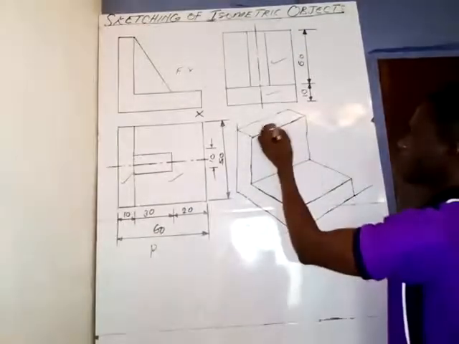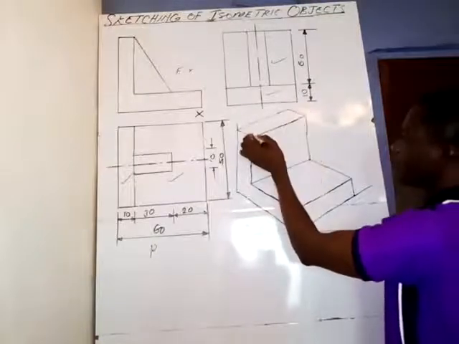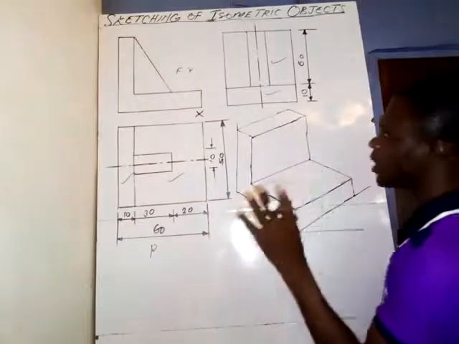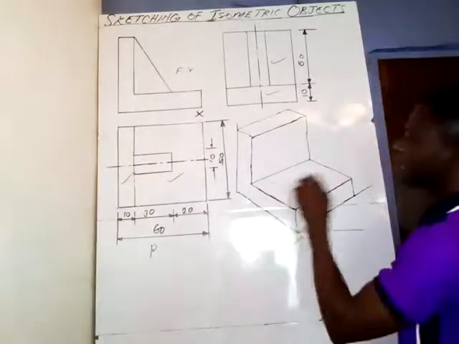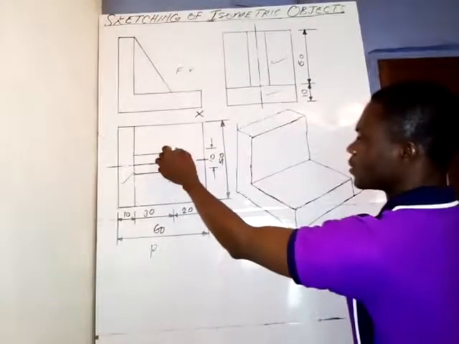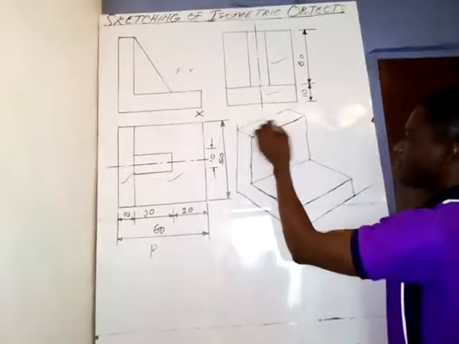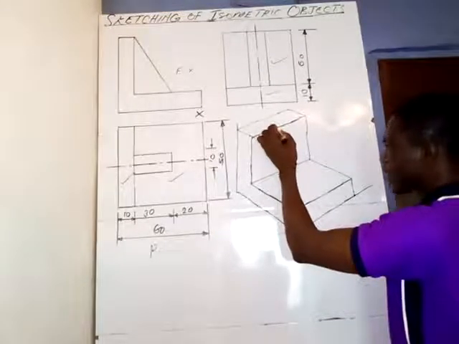So the distance from here to here, we know to be equal to 50 millimeters. As we know that the web is 10 millimeters, from here to here is 10 millimeters. So take a measurement, look for the midpoint, that is 25.